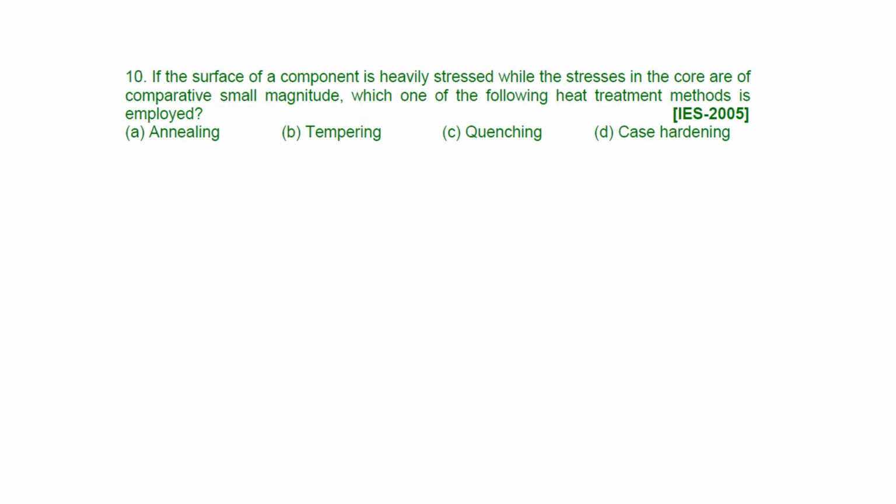Next question: if the surface of a component is heavily stressed while the stresses in the core are of comparatively small magnitude, which one of the following heat treatment methods is employed?